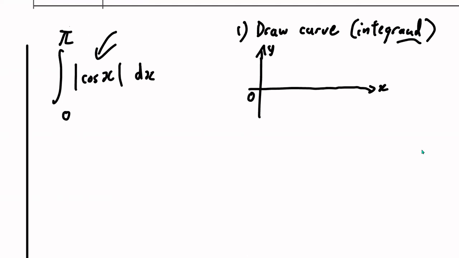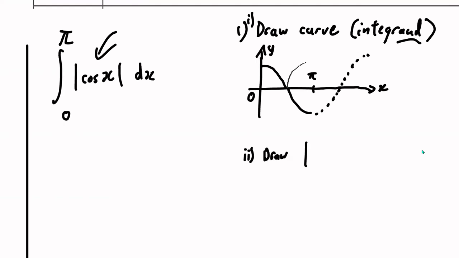Okay. Cosine, did you draw already? Good. Okay, but 0 to pi, so that means we only need 2 pieces until here. Then cos absolute value, they're like this. Very good.